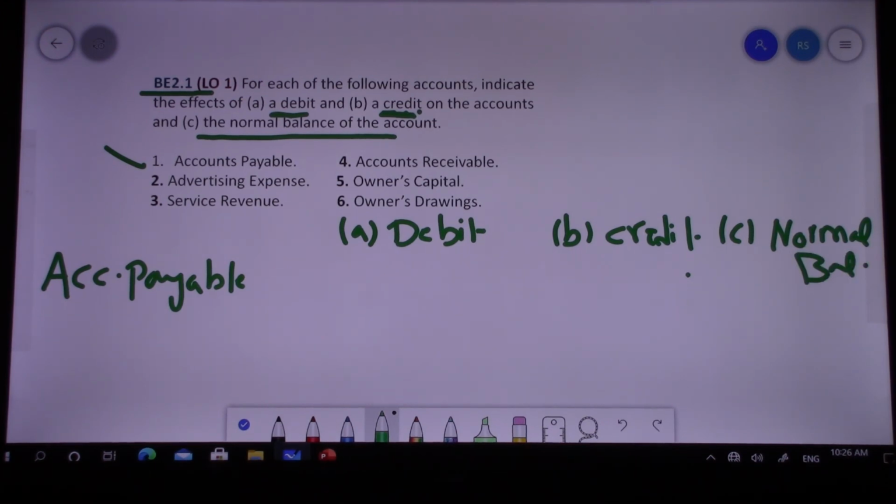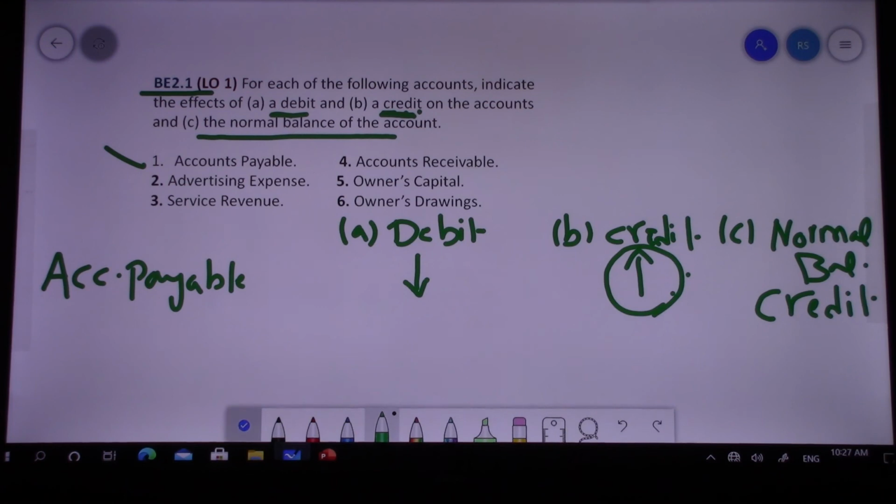For accounts payable, the debit and credit rule indicates that accounts payable, as a liability, increases on the credit side. So the effect of a credit is an increase, and vice versa, it will decrease on the debit side. What is the normal balance for accounts payable? The normal balance is on the increase side, so the normal balance will be credit, since accounts payable increases on the credit side.